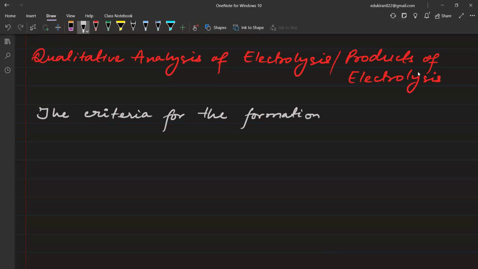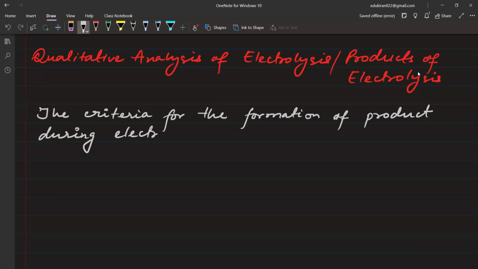शावेज, आपको ऊपर वाला पॉइंट समझ में आया नहीं आया? ये शावेज आया ना? ठीक है. प्रोडक्ट ड्यूरिंग इलेक्ट्रोलाइसिस depends on the following.